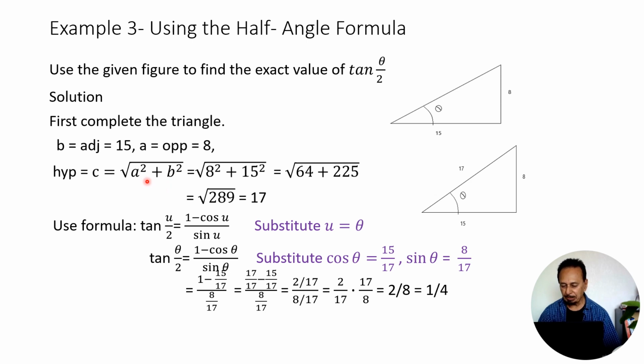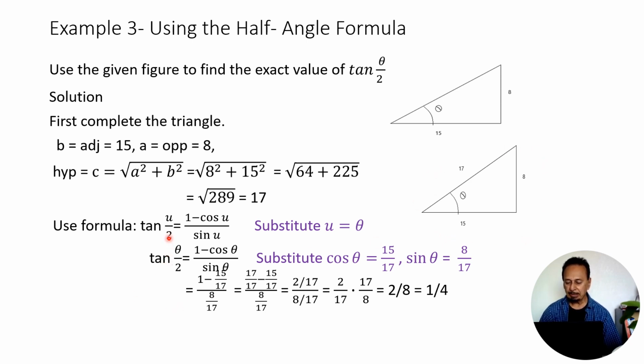So now we substitute where A is 8 and B is 15, so we have the square root of 8 squared plus 15 squared. Now 8 squared is 64 and 15 squared is 225. If we add, it becomes 289. So the square root of 289 is 17. So we put a 17 here and we have a completed triangle.